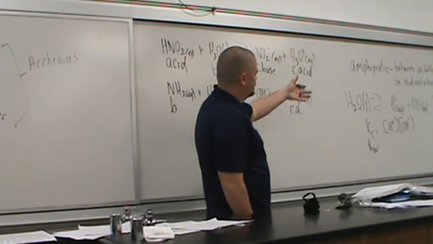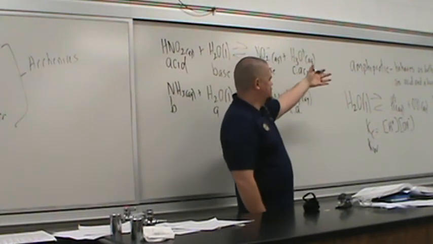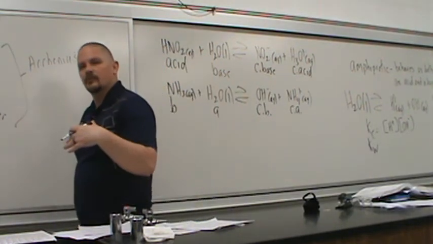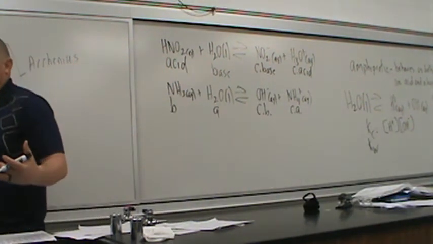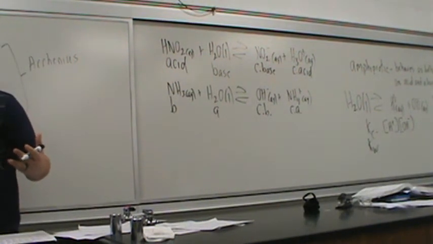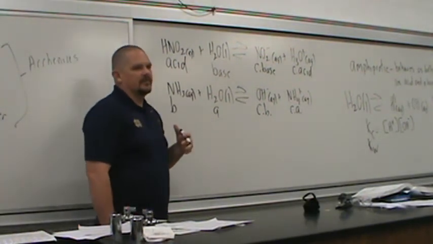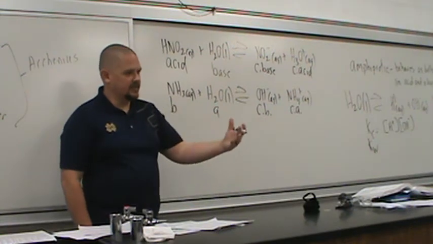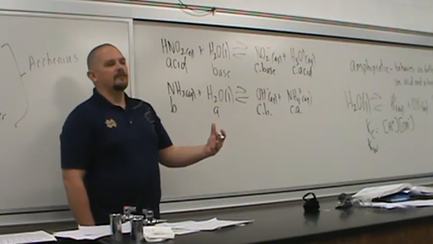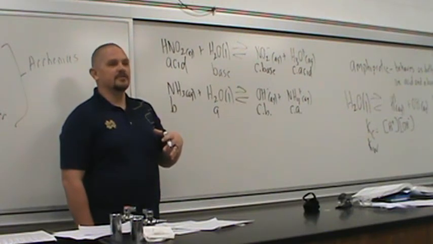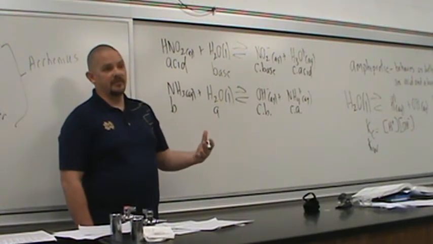Alright, so since Kw is equal to concentration of hydrogen ion times concentration of hydroxide, if we know one of those numbers, we can figure out the other one. Right? Okay, so now this leads us into something I wish I could have gotten into with Chem 1 last year. Finding the hydrogen ion concentration or hydroxide concentration, or finding what's called the pH.